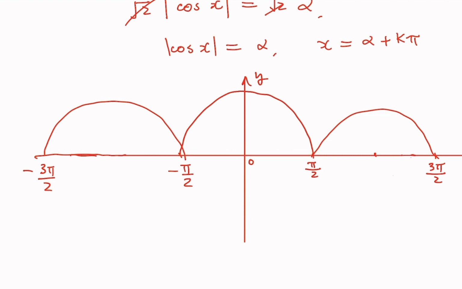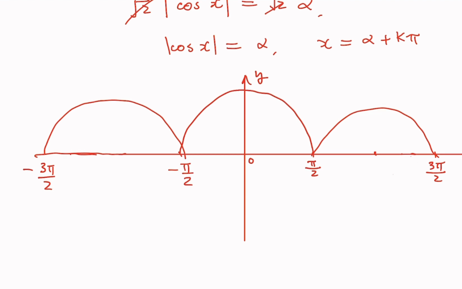In that case, x will equal alpha, so cosine alpha equals alpha. So this equation becomes, because cosine alpha is positive here, cosine alpha equal to alpha. So you know that y equals x. This is the y equals x line here. So the intersection point is going to be the solution.